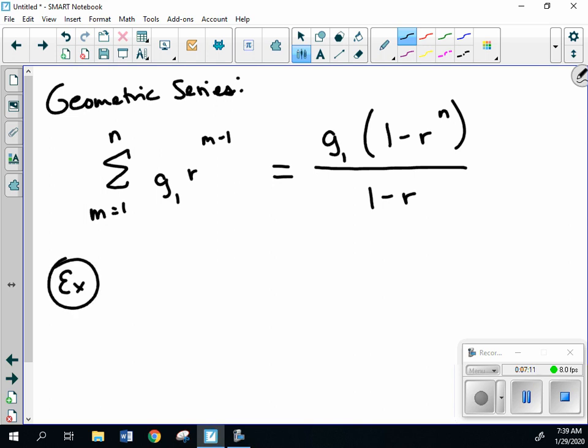Let's say that we have a pattern that gives us -7, -42, -252, dot dot dot, and then they give us an ending here of -54,432. There's a couple different things here that we know and don't know.